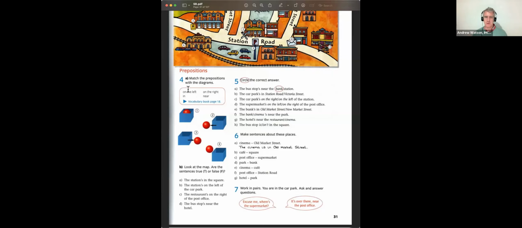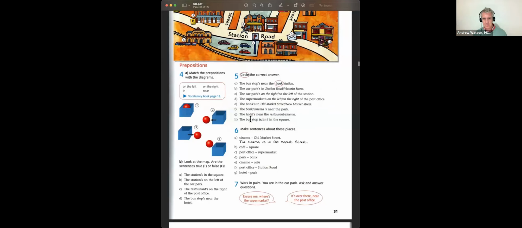On the left, on the right. Sometimes you get words linking together. The bus stop isn't in the square, isn't in. The t and the in link together. Supermarket's on the right. The car park's on the right. When you get a consonant sound and a vowel sound, that could be an opportunity to work on pronunciation.